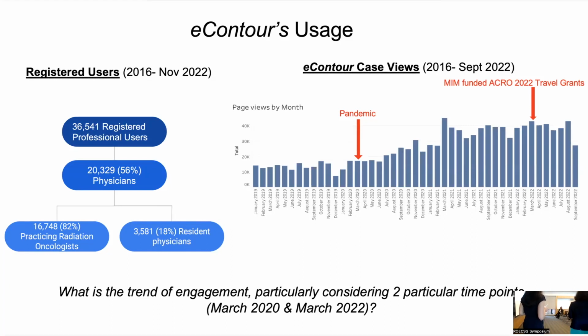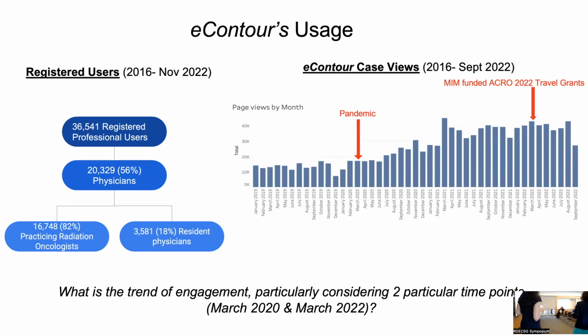But we wanted to take a closer look at two particular time points, the two red arrows: the first being the pandemic, March of 2020, and the second being a collaboration between ACRO and eContour, specifically in the form of MIM-funded ACRO 2022 travel grants.